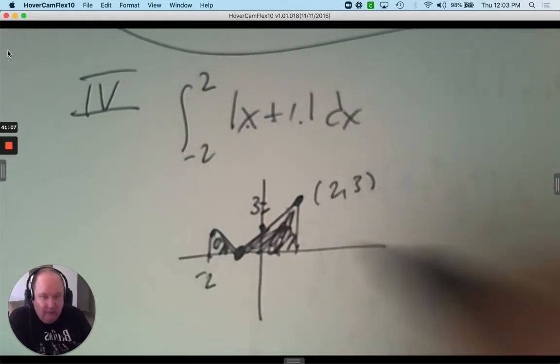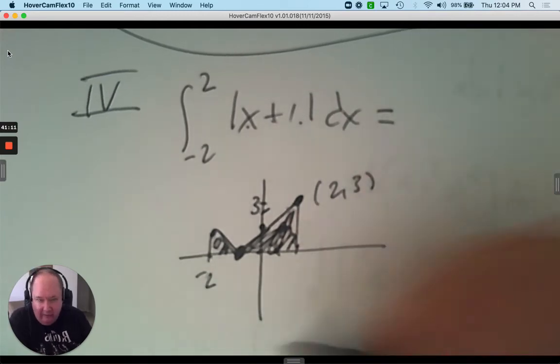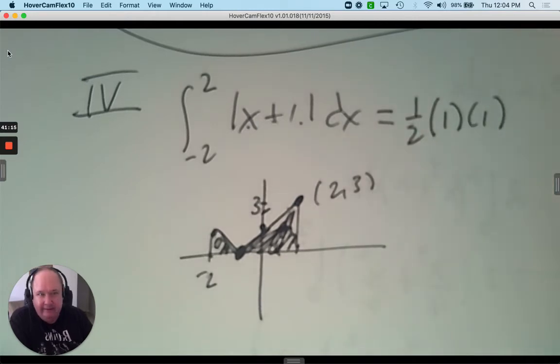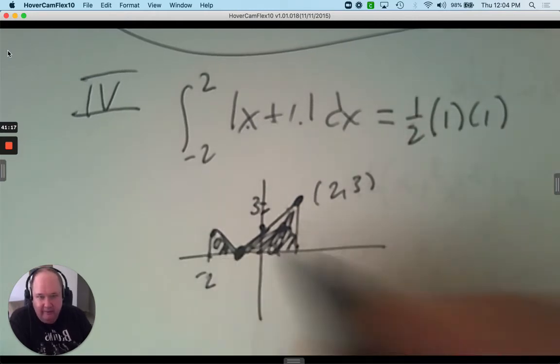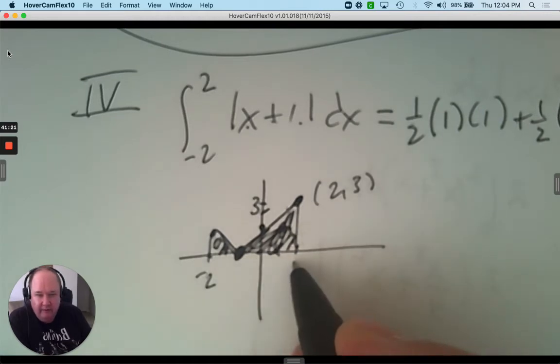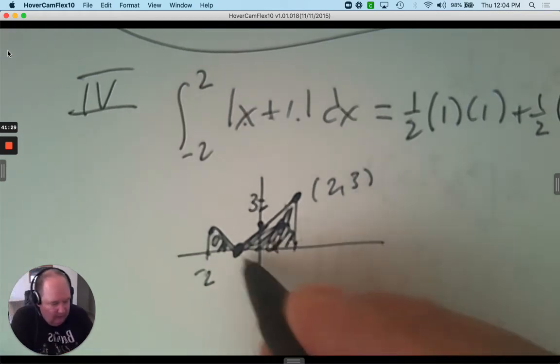So for this one, there is no different integral setup. You just answer it by finding the area of a triangle. That's half the base times the height. That's this one. And for this one, half the base, if you go across, is that 4? Half of 4. 3, right? 1, 2, 3.